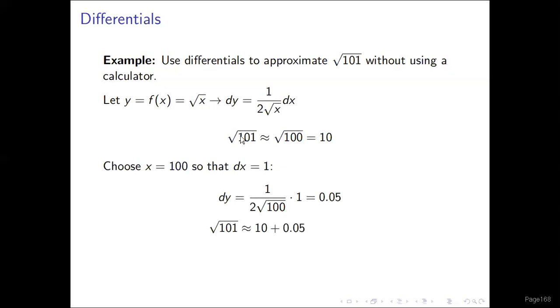So we say that the square root of 101 is approximately 10 plus that approximate change. So it's about 10.05. And if you verify with the calculator, rounded off to 4 decimal places, 10.0499, which is very close.